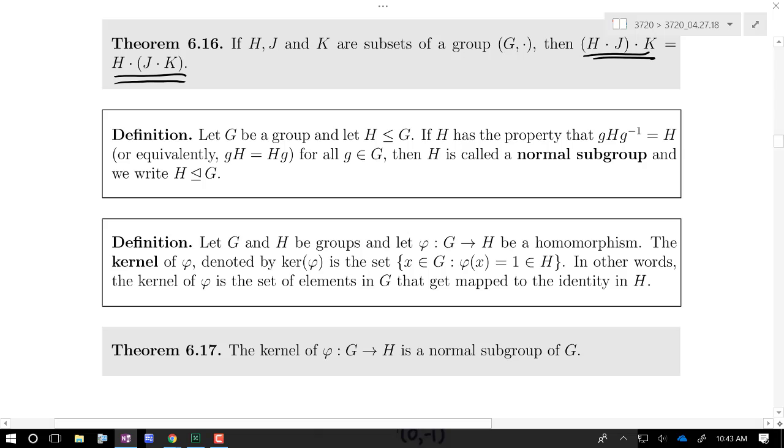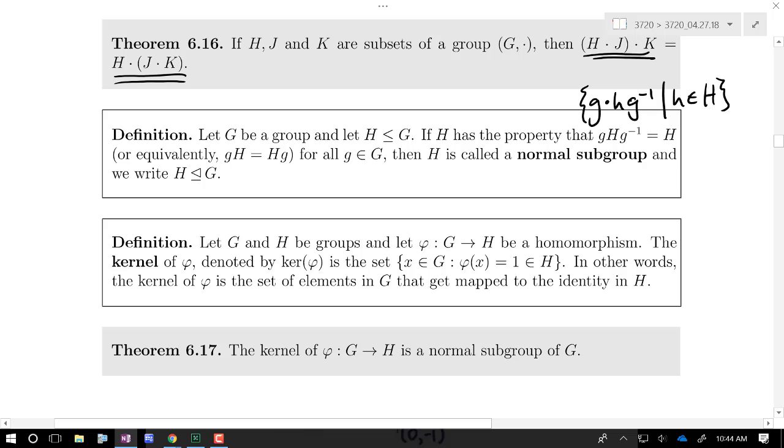If H is a subgroup of G, not just a subset, and it has the property that for every element g in G, I compute g times h times g inverse for all elements h of H, I produce that set.